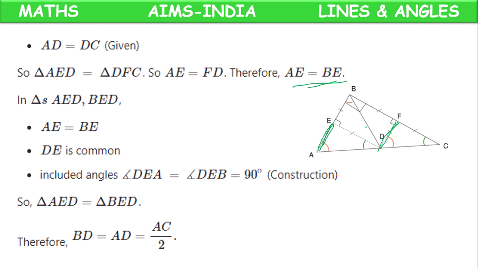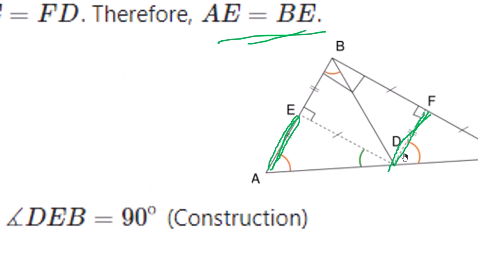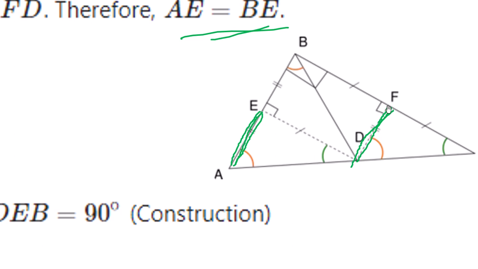So these are corresponding parts, sides equal. But here this FD equal to BE. This FD part equal to BE. So we can write AE equal to BE.